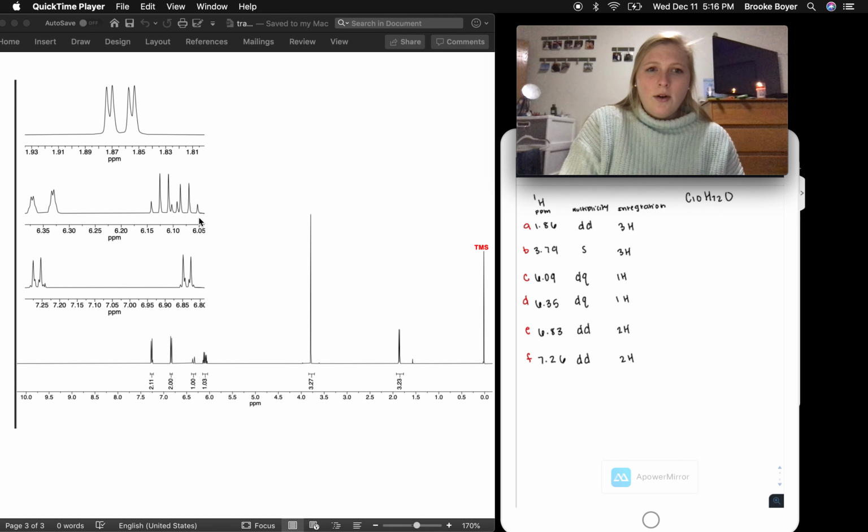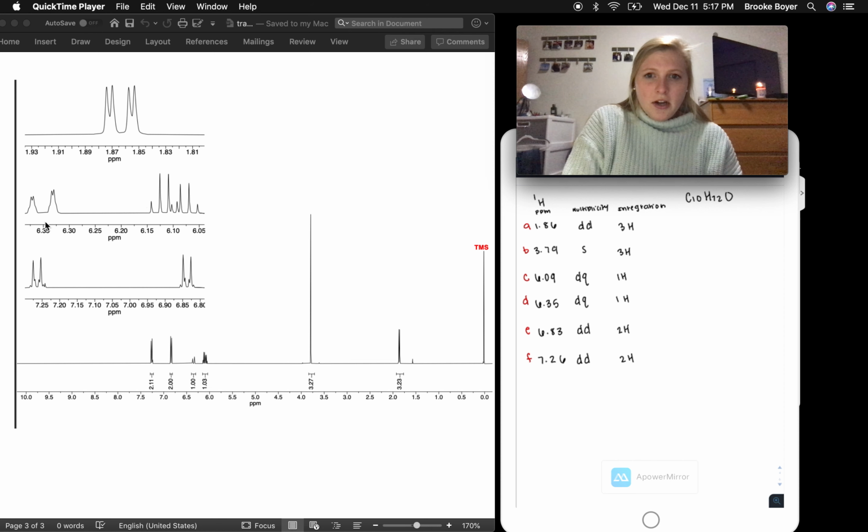Over here are some expanded regions. All the peaks are expanded except for the singlet right here, because it's pretty clear it's a singlet. A, which is up here, the lowest chemical shift, is a doublet of doublets, pretty clear.